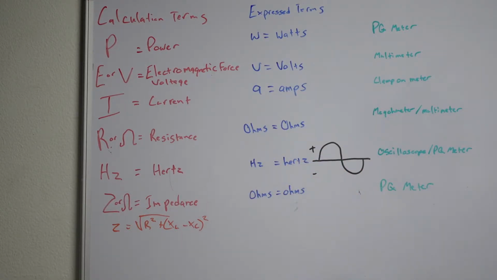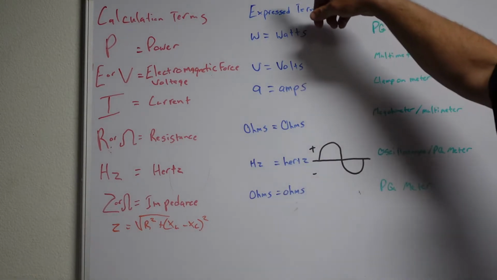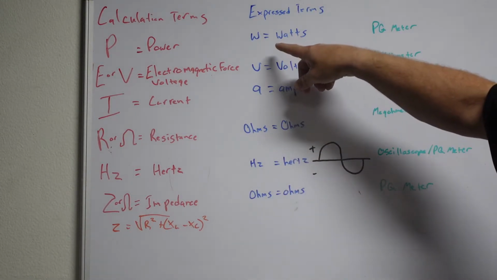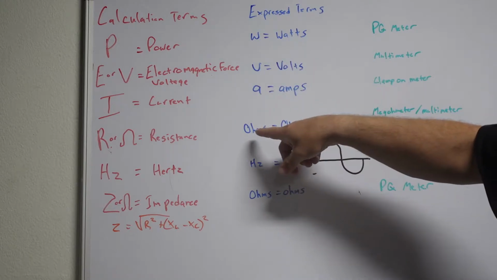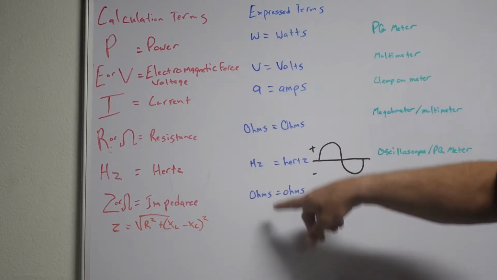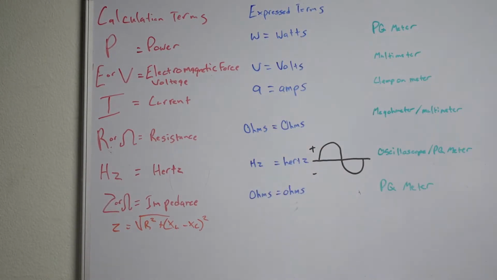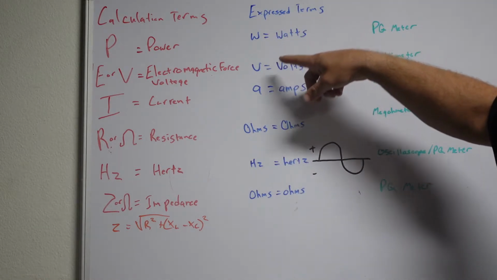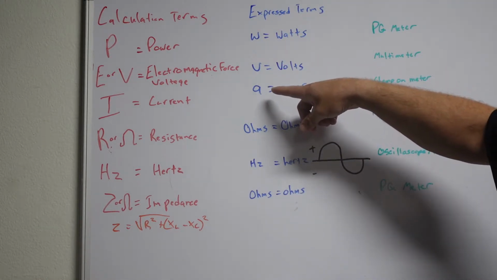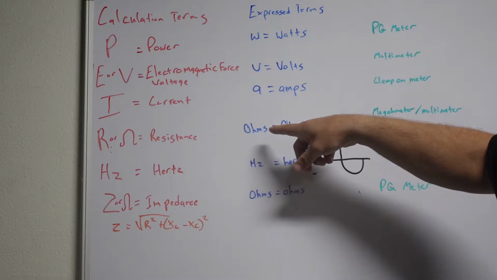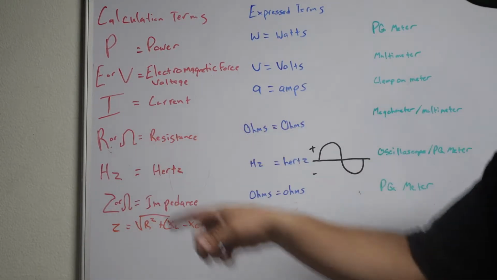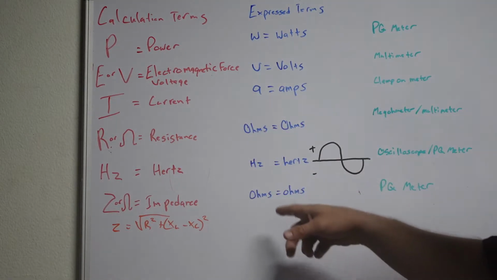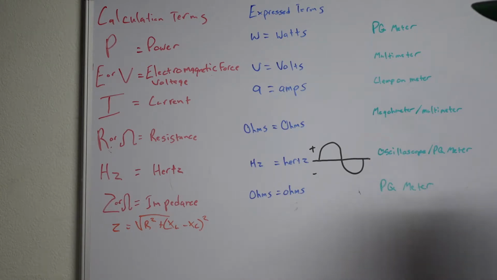Impedance, it's also ohms. As you can see, I have the corresponding letter or abbreviation next to each one. For watts, it would be W, volts would be just V, amps is A, ohms is typically written out, or the omega. Hertz is going to be Hz, ohms is going to be ohms.